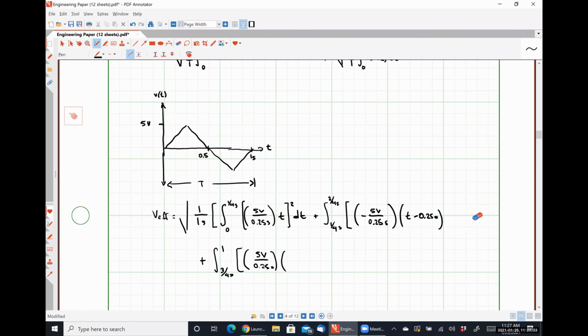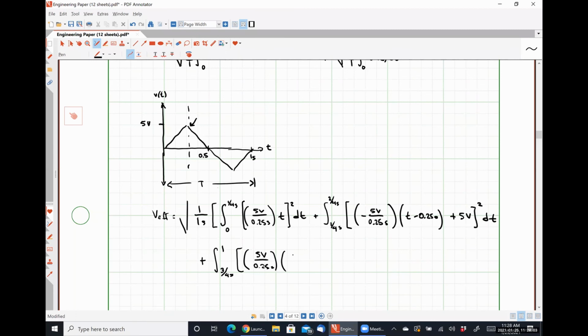I have my slope, and then I have the time-shifted value. So I'm sliding that over by 1/4 of a second, but I don't have my y-intercept at that particular new point in time. So I would need to add the voltage value here, which is 5 volts. Square this, there we go.